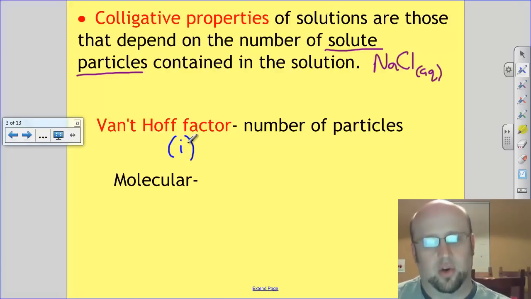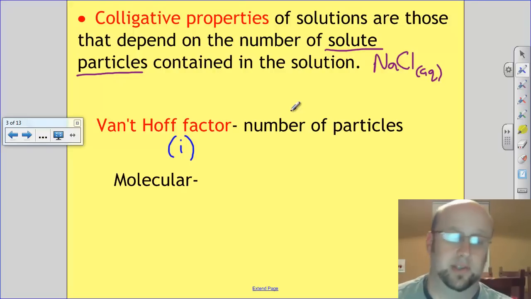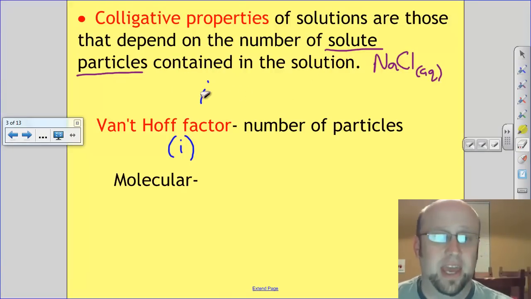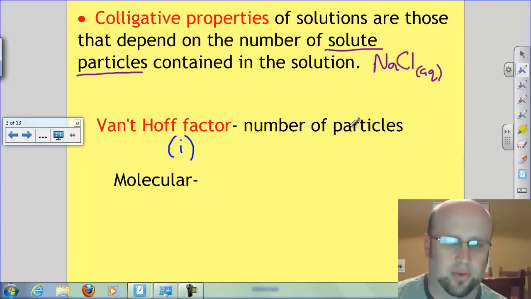So when you see an i in an equation, in chemistry that means number of particles. Obviously in math it means the square root of -1, but that's something entirely different. Anyway, the i here is the Van't Hoff factor, which is the number of particles.